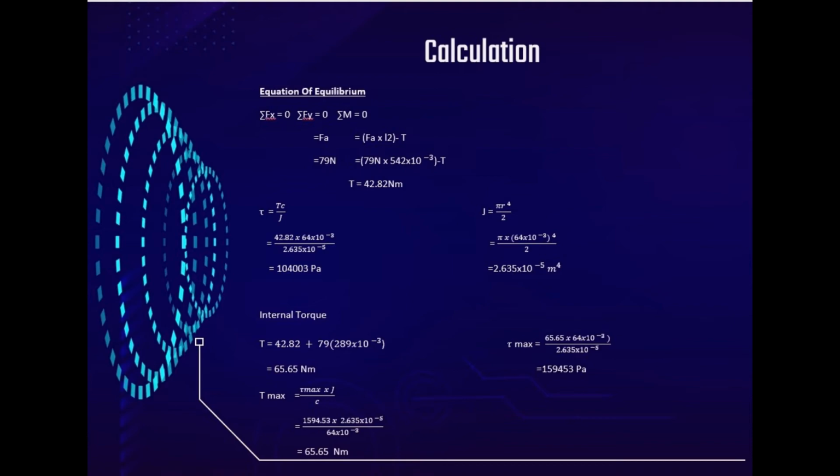From that, we get the maximum torsional stress value of 159,453 Pascal. With this value, we can substitute into the torque max formula, which is maximum torsional stress multiplied by polar moment of inertia over radius, and the value is 65.65 Newton meter.